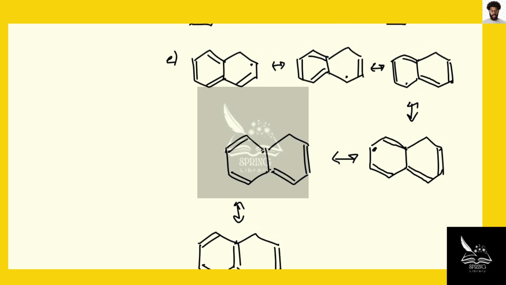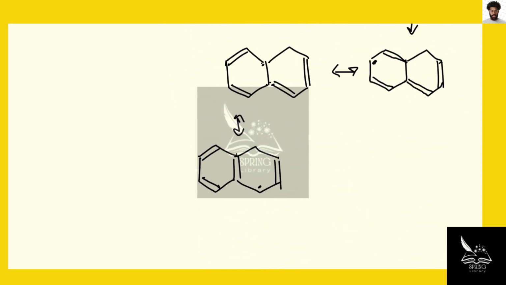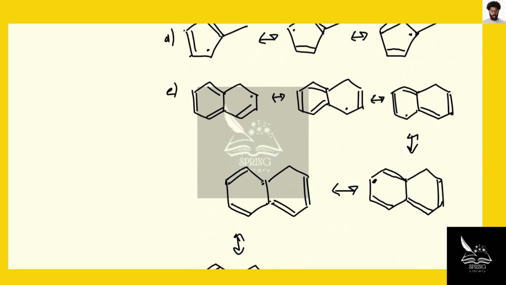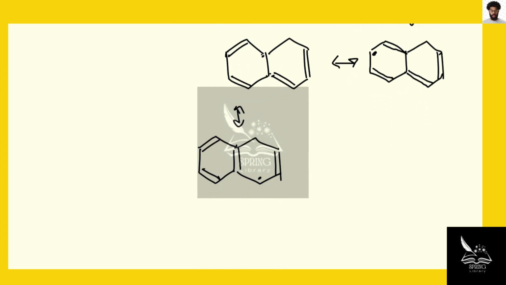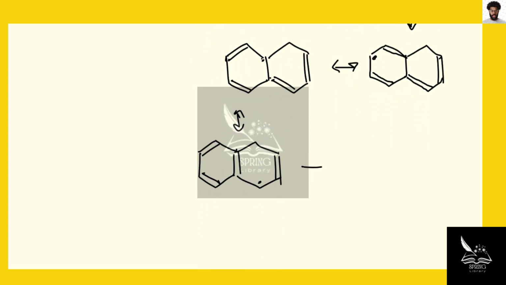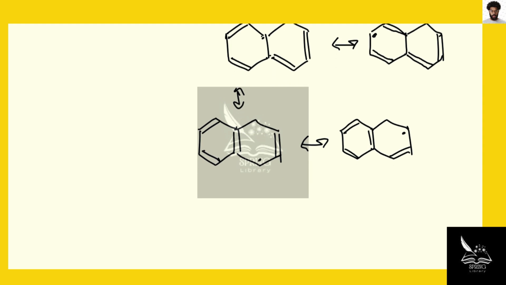And the final move would bring us back to where we started, but slightly different. So I guess that's technically another resonance structure as well. This radical can move 1, 2 up here, and then this double bond can move here. Like so.